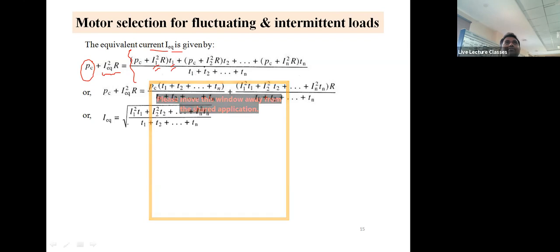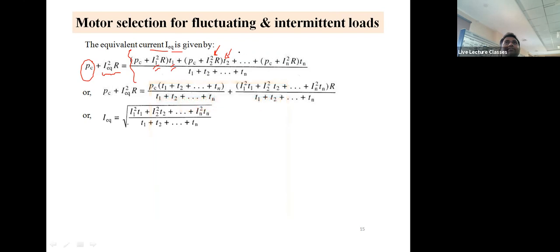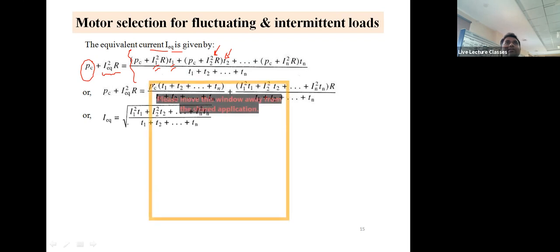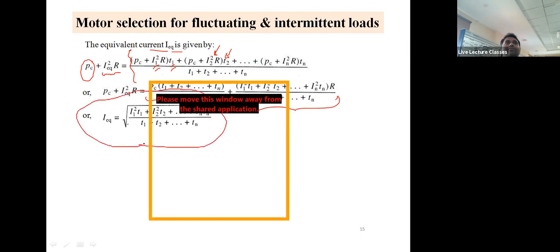Then again PC plus I2 square R for T2 seconds, similarly for all the losses. Now, how will you find it out? If you take PC in common, you end up doing this calculation, and so IEQ will be this. So this is the equivalent RMS current for which you should find a motor in the market.